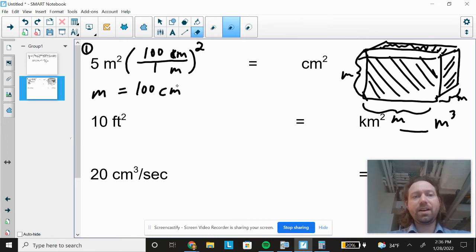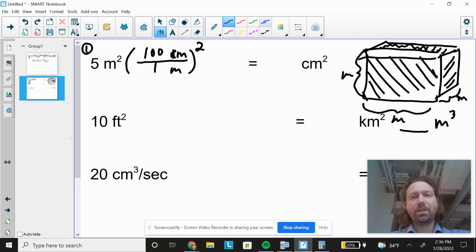And so what this does is it changes our answer and the way that we set it up. Okay? If I'm going from 5 meters squared, I have to distribute this squared to everything that's on the inside, including also the bottom, right?